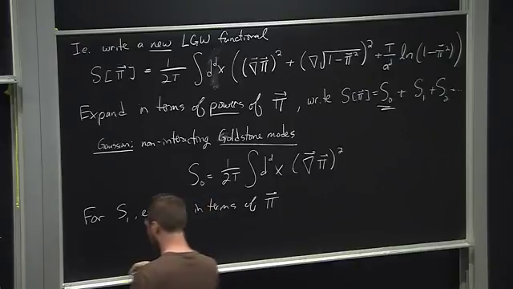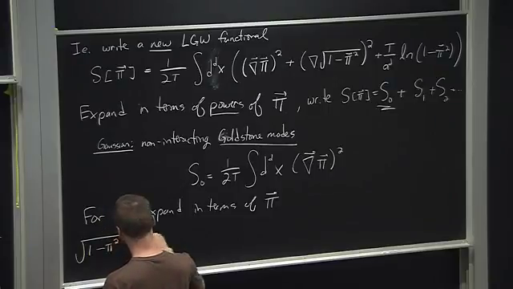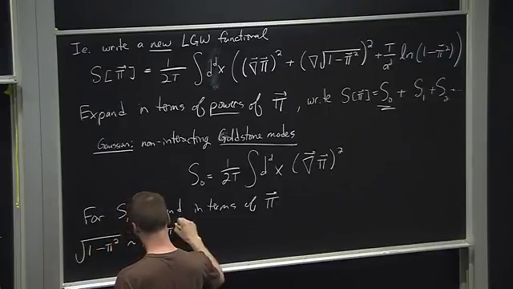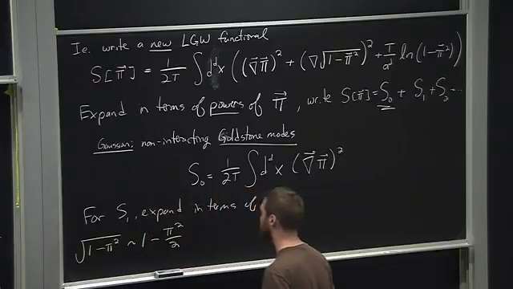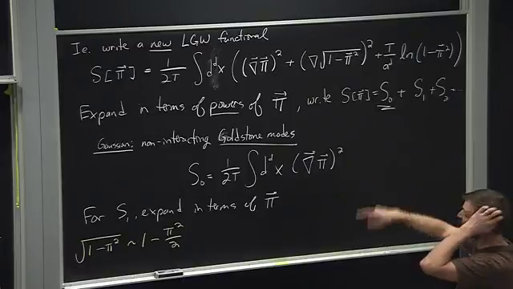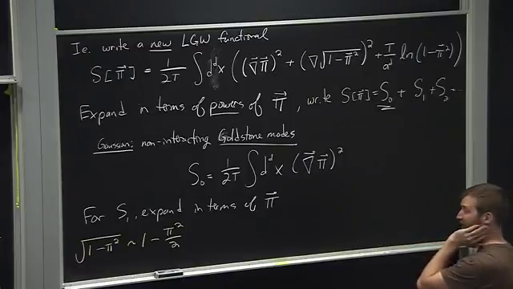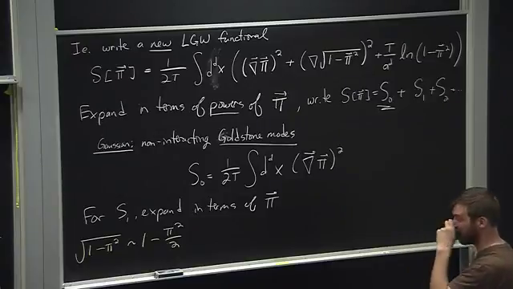Okay, so we need something like this. So we have a 1 minus that thing, and we're taking the gradient of that, right?